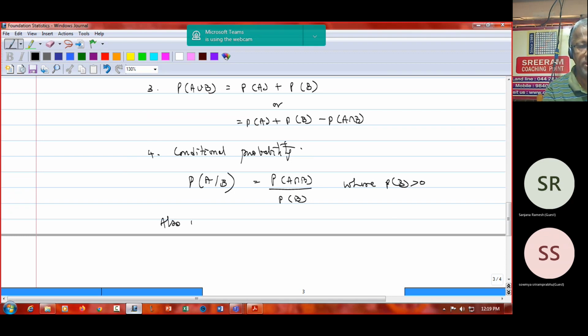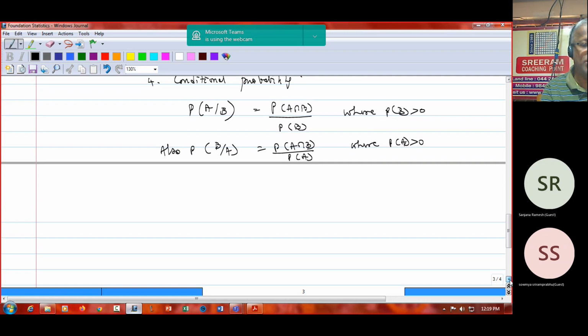Also, P of B by A is equal to probability of A intersection B divided by probability of A, where P of A is greater than 0.